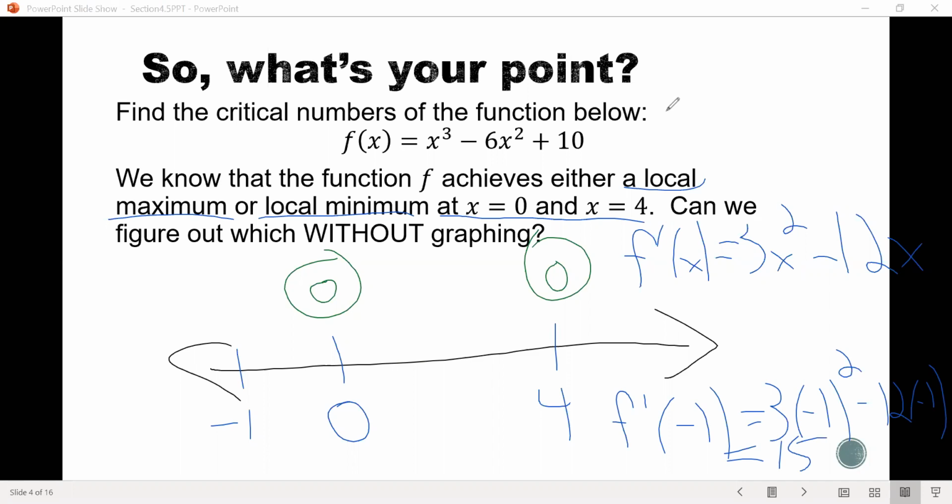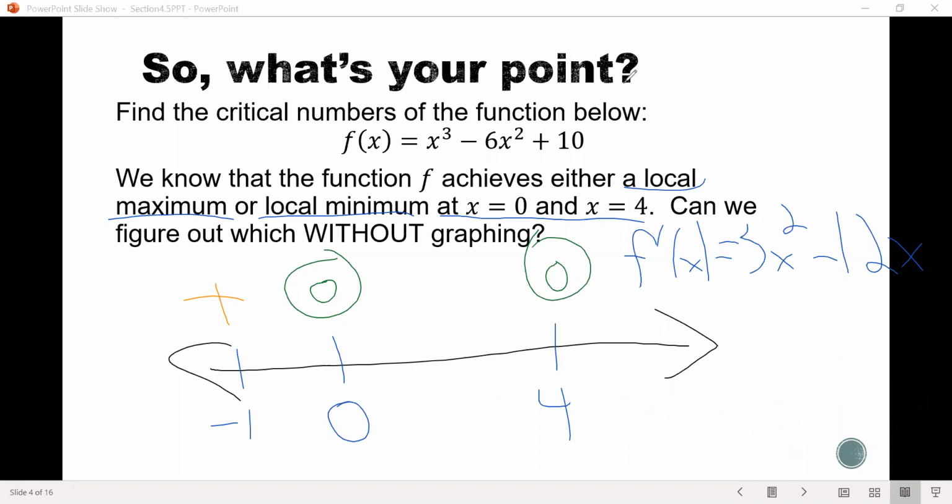Okay? And so what that tells me then is that for all values less than 0, the sign on the derivative is positive. Okay? Now let's do a similar thing for a value between 0 and 4. So let's just say 2, for example.